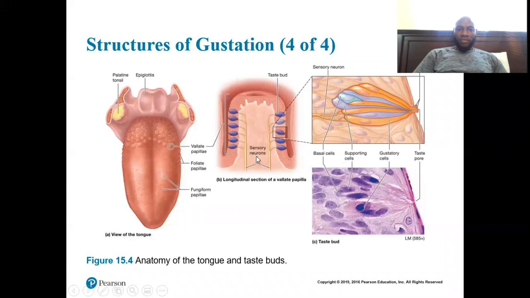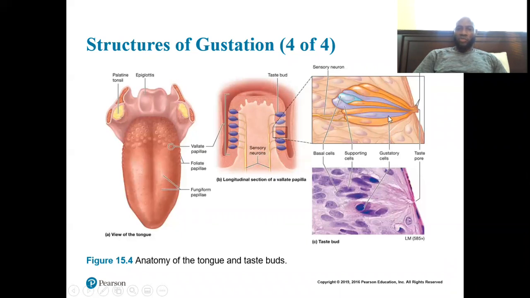Here we have sensory neurons. Right? We're going to talk about the transduction of the chemicals into a signal that can be sent for taste.